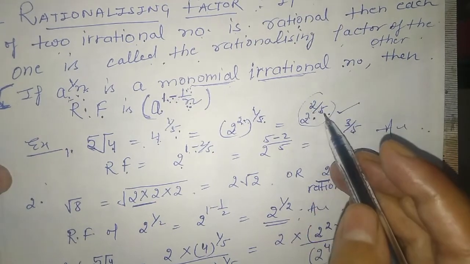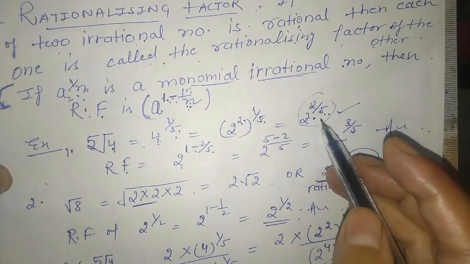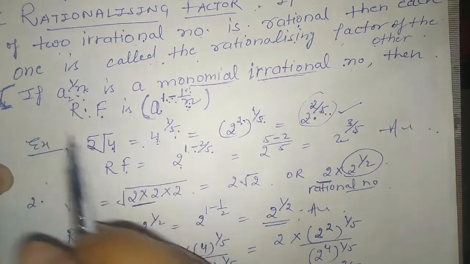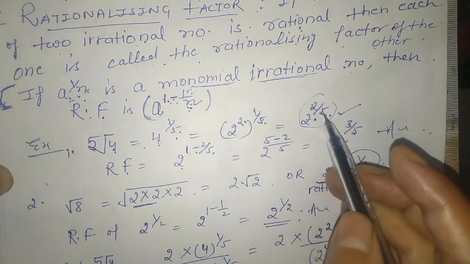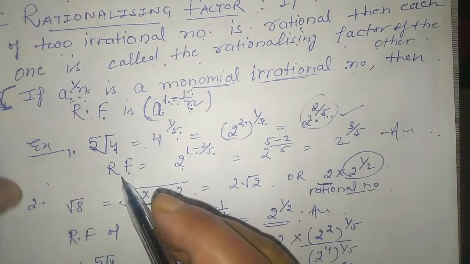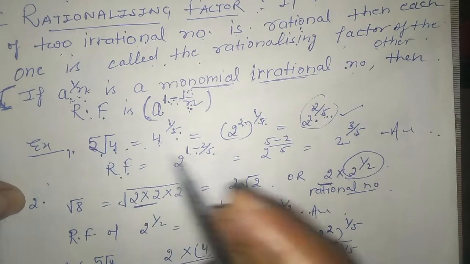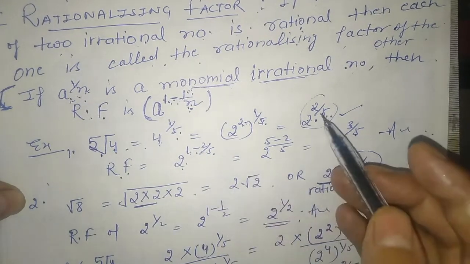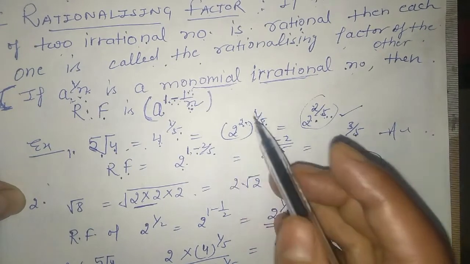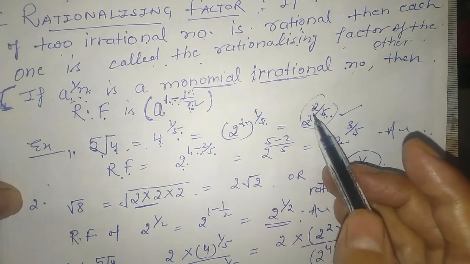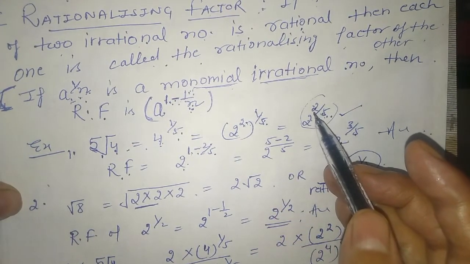Instead of 1 upon n, we have 2 upon n here, since on simplification we get 2 upon 5. So the rationalizing factor of the 5th root of 4 becomes 2 to the power 1 minus 2 upon 5, not 1 upon 5, because on simplification we have a power 2, not 1.